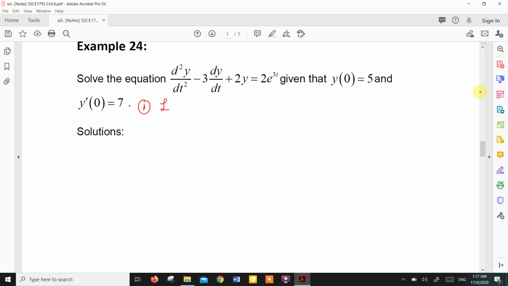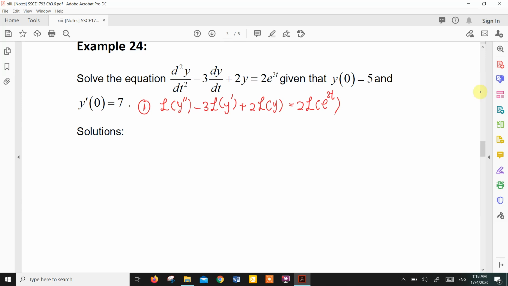So Laplace of y double prime minus 3 Laplace of y prime plus 2 Laplace of y equals 2 Laplace of e to the 3t. Then you have to do the transform of derivative.